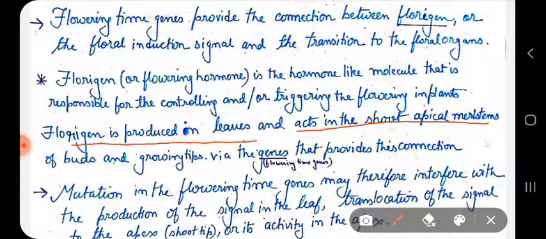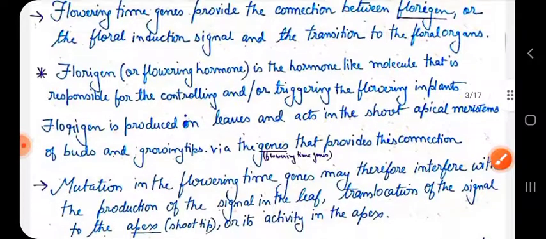Florigen is produced in the leaves and it acts on the shoot tips, that is in the shoot apical meristem of buds and in the growing tips, with the help of the flowering time genes. This florigen is going to be transferred, and that provides that connection.